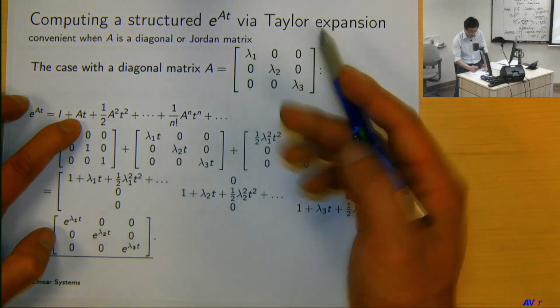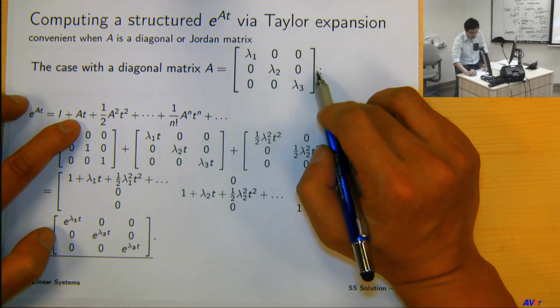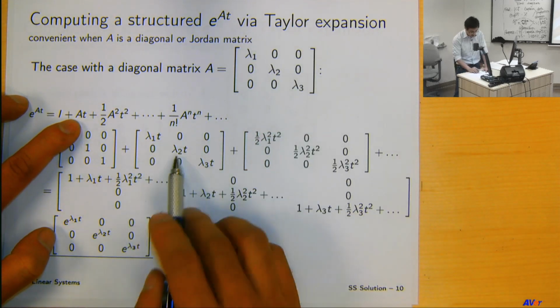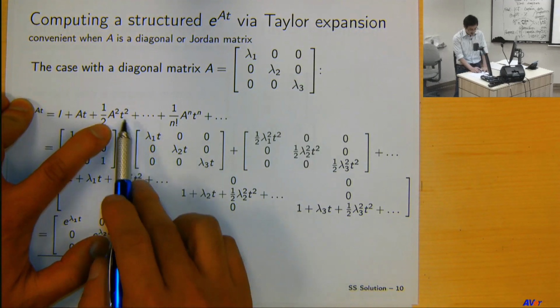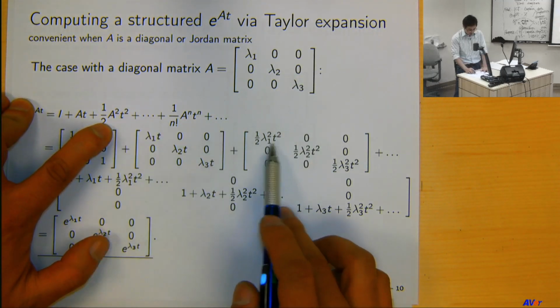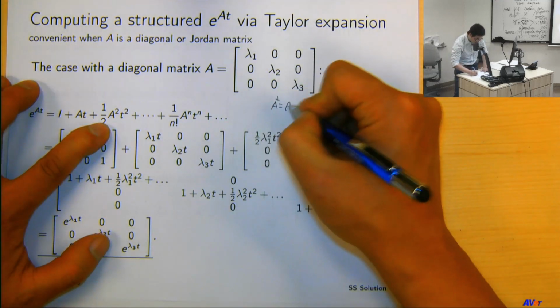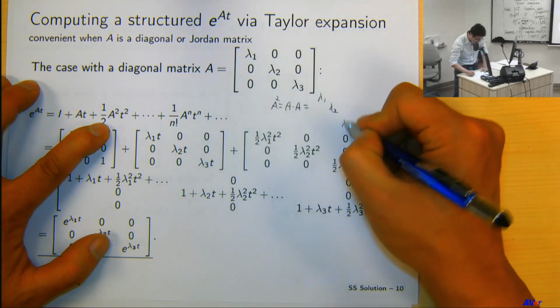AT is this matrix times T. Matrix times scalar is the scalar multiplying the individual elements, so it's lambda 1t, lambda 2t, lambda 3t. And A squared is A times A, which is lambda 1, lambda 2, lambda 3.